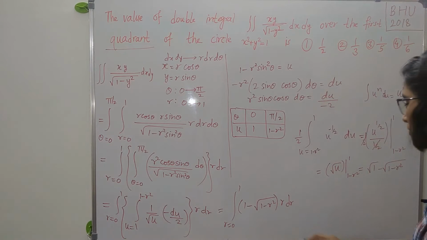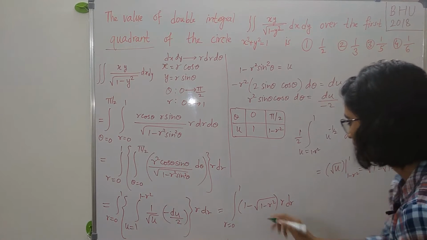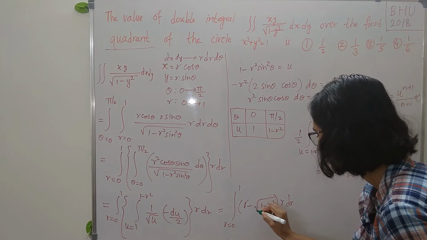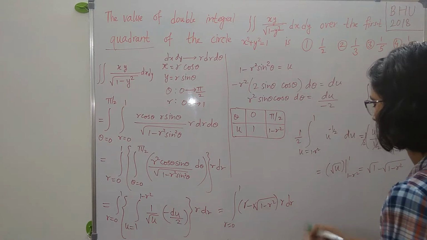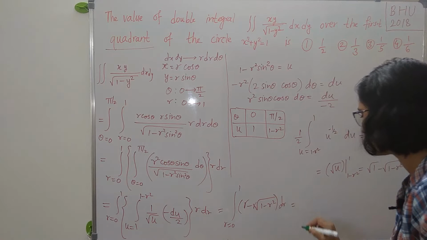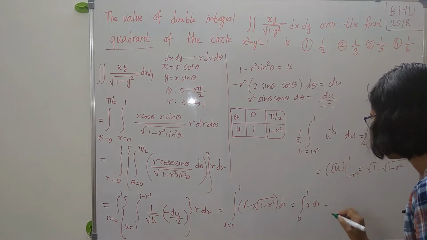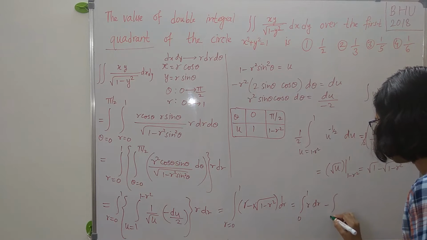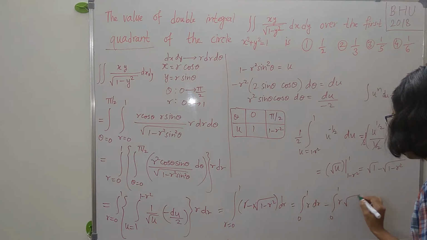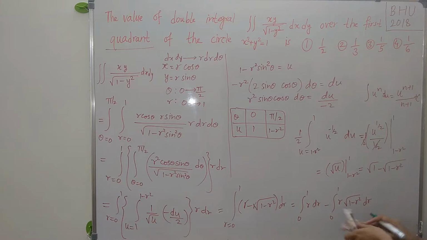Now multiply here by r, so this is r, right, and dr as it is. So this is just equal to integral 0 to 1 r dr minus integral 0 to 1 r square root 1 minus r square dr, right? So solve this.